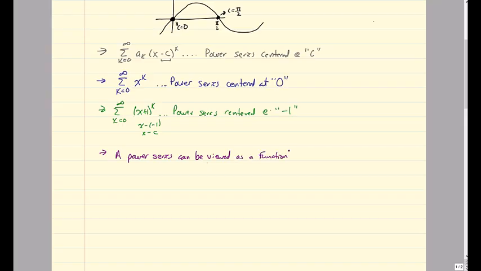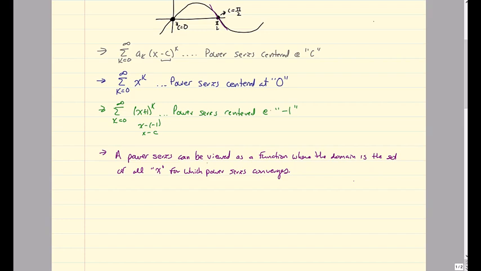It's a function where the domain is the set of all values of x for which the power series converges, because we want it to converge. When it converges, it means that we're doing a good job of estimating the function. So up here in this particular case, I'd want it to do a really good job right here at its center.